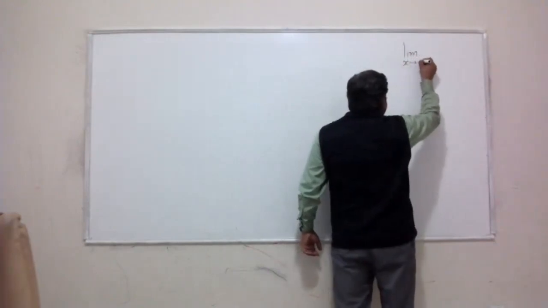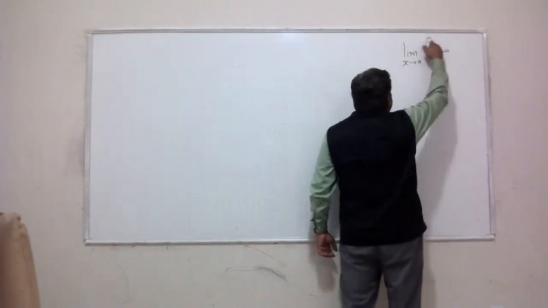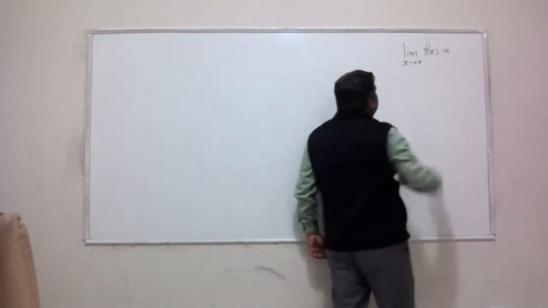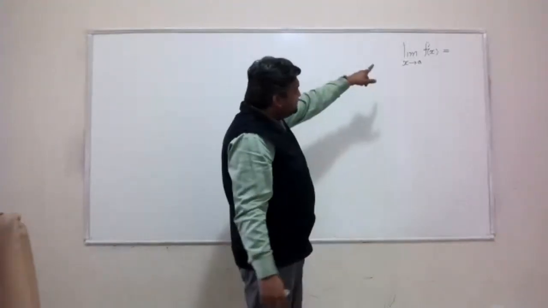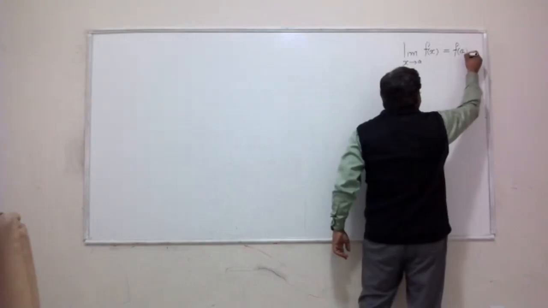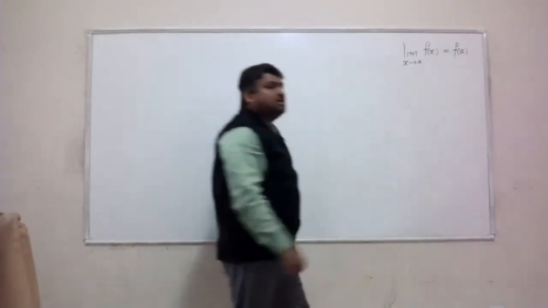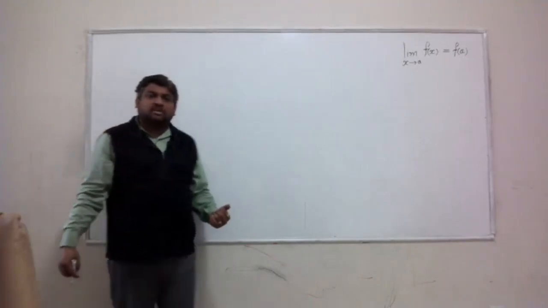Limit x approaches to a f of x. Remember, this is the prediction only, where your function should go when x goes close to a. Right? If this prediction matches with the exact value of function at a, then your function is called continuous.